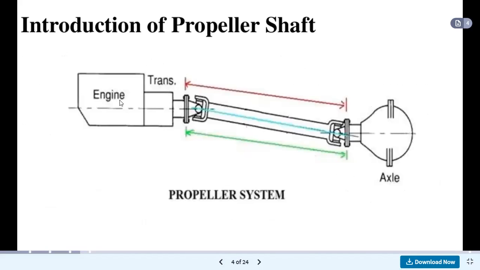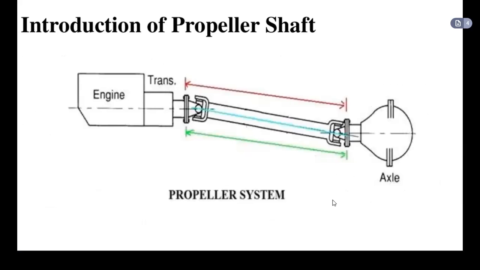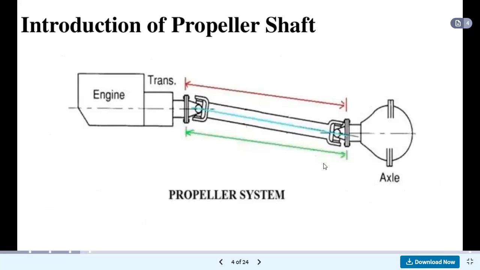Okay, so this is the front view. If we do not consider the load body and the cabin, and the wheels, and only see the cross section view of this propeller system, then it consists of engine, which transmits the rotation towards this propeller shaft and towards the rear axle.